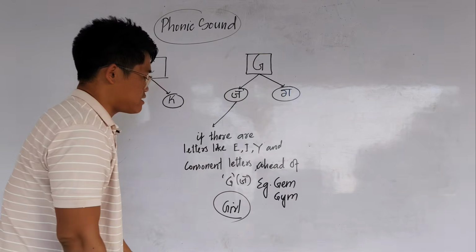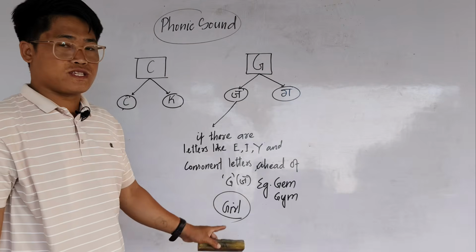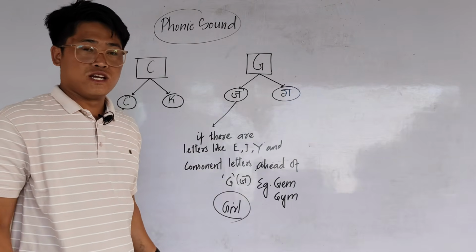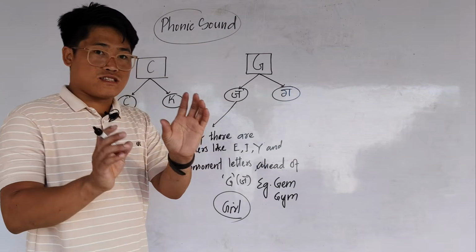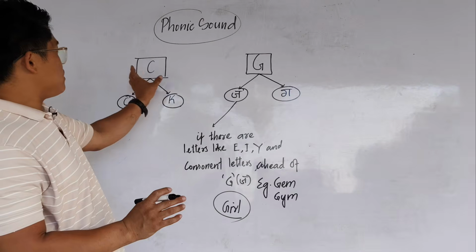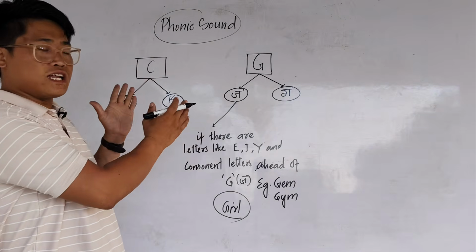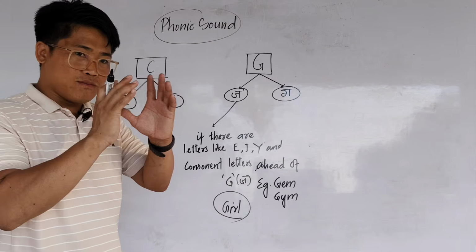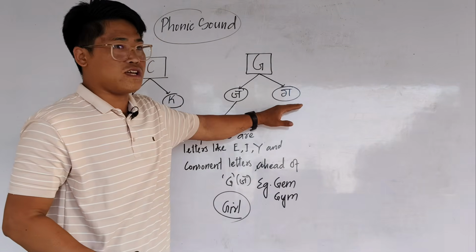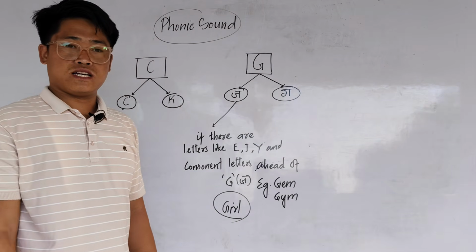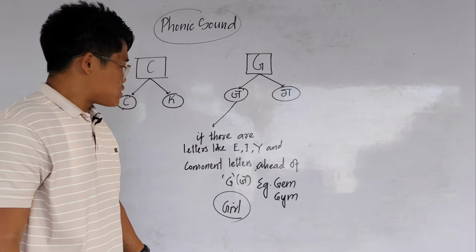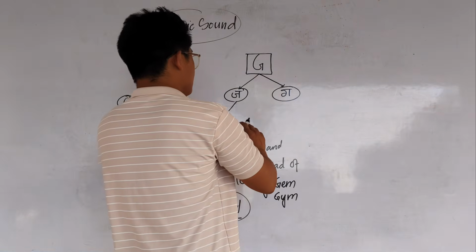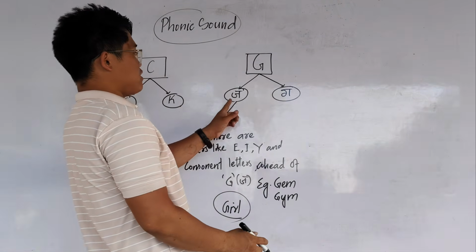It is not pronounced as jirl, it is pronounced as girl. So letter G is a little confusing. It is not like C. C is very clear, but G is very confusing. In some cases, we still pronounce them as G. So this is the explanation of J.